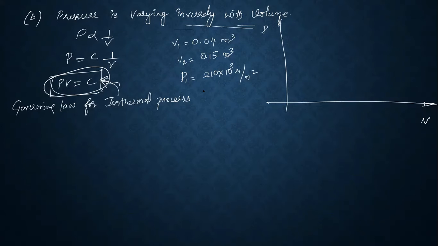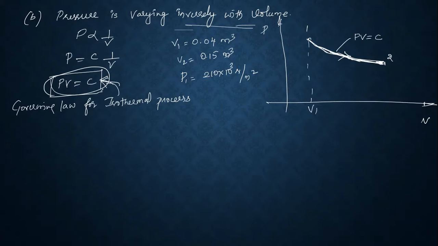I don't know the other pressures, so I identify whether it is a compression or expansion by looking at the volume. Volume is increasing, therefore it is an expansion process. Therefore, state 1 to 2 is an expansion process. Governing law, it is PV is equal to C.